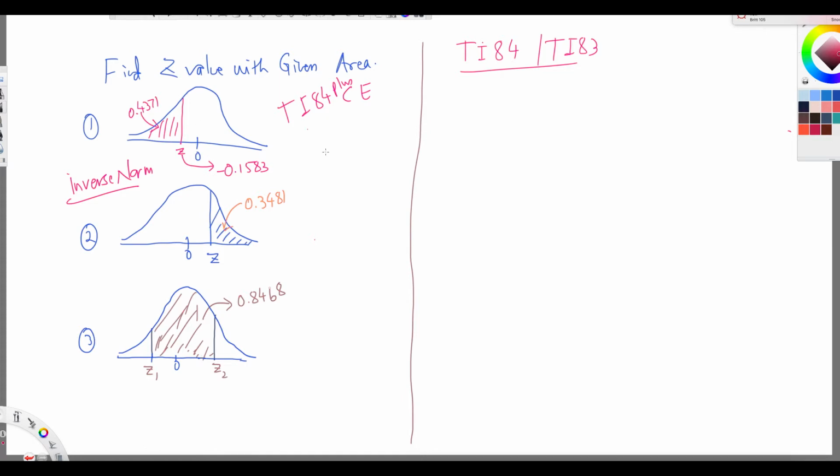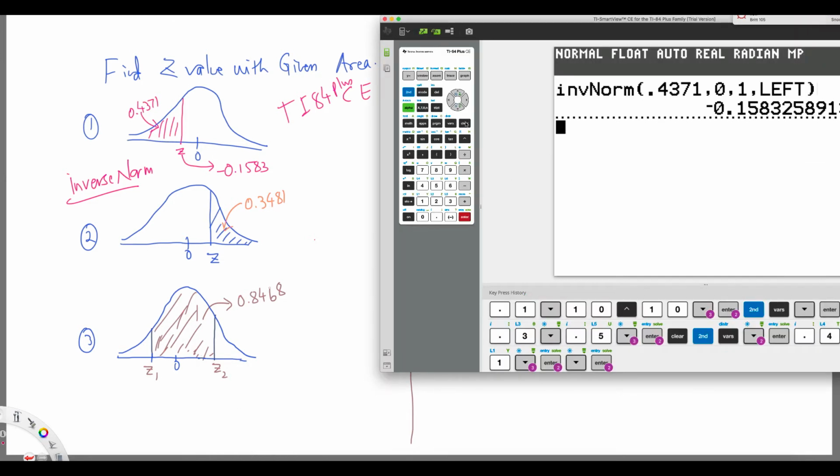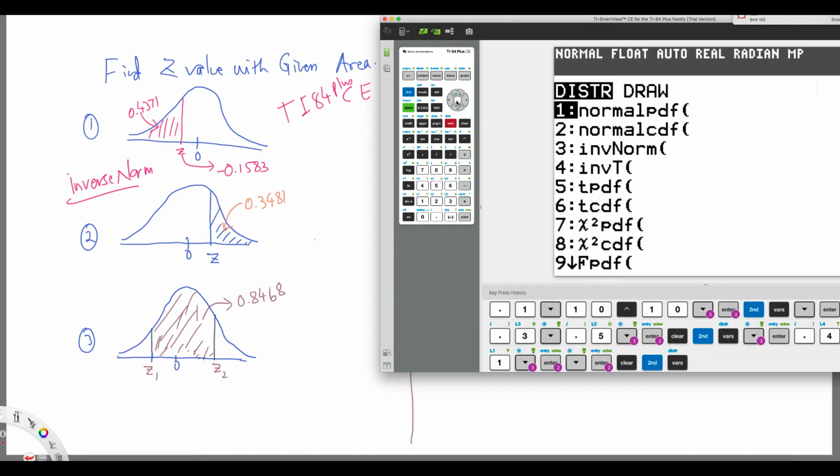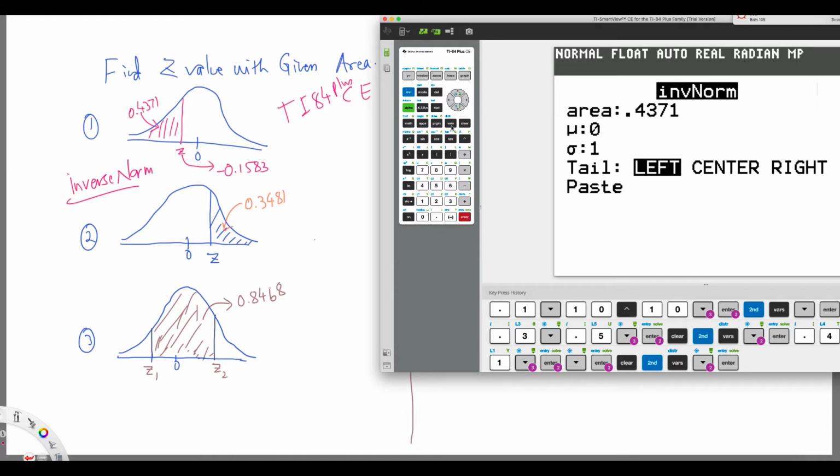And for the right area, you just pick right there. Let me clear that, and then you do second VARS, go to inverse norm. Again, if you are finding the G value, you need to use inverse norm. The area is 0.3481, mu is 0, sigma is 1.